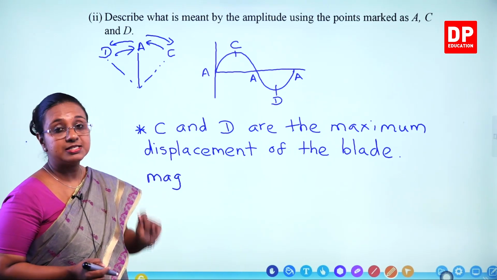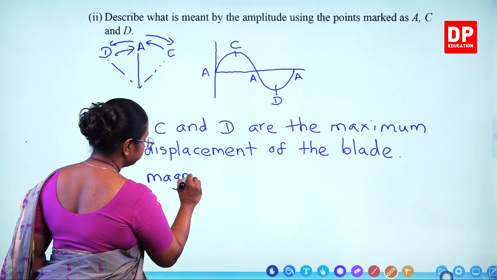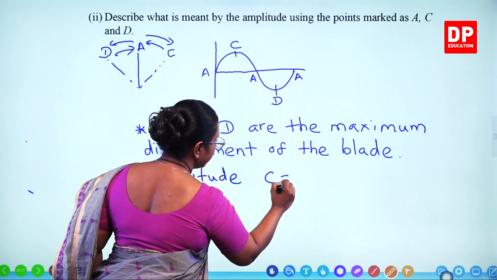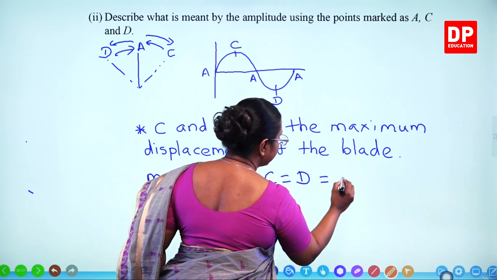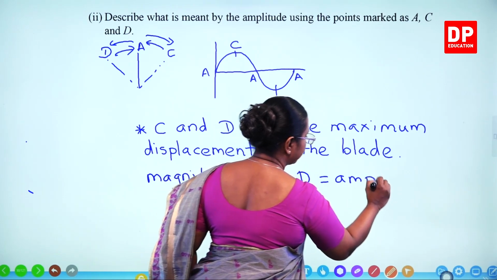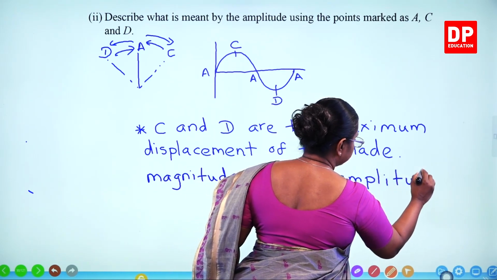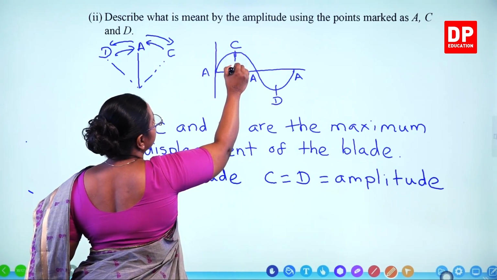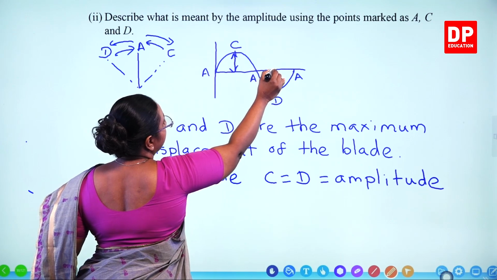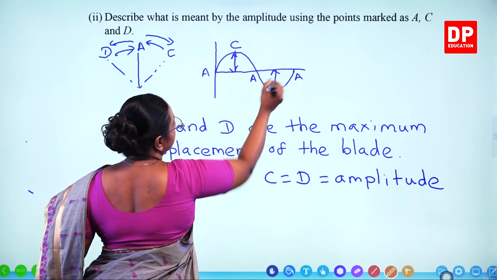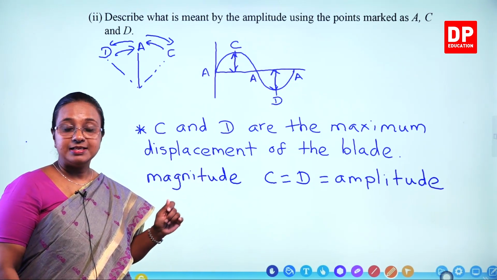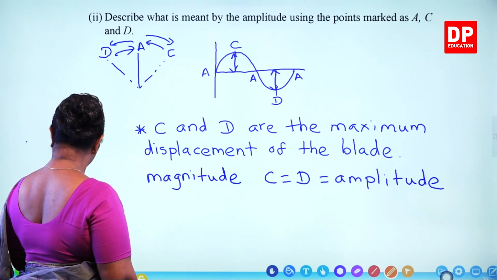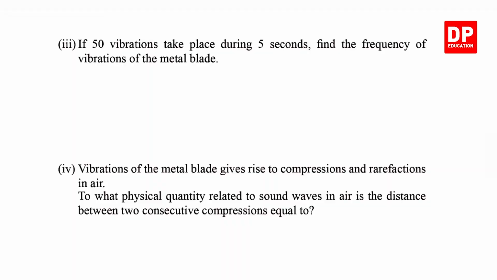But here we consider the magnitude. The magnitude of C is equal to D, and that is equal to amplitude. So this is the amplitude here and also here. That is a physical quantity of the wave. With that, I will move on to the next question.